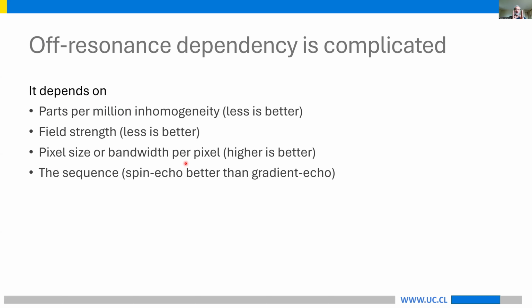You will have less phase accrual during the readout. So the higher bandwidth is the better. And of course, it depends on the sequence. I assume you have already seen a gradient echo versus spin echo. Obviously, a spin echo is much less susceptible to off resonance errors, whereas gradient echo could be a disaster if you do it with a not so good shimmed scanner.